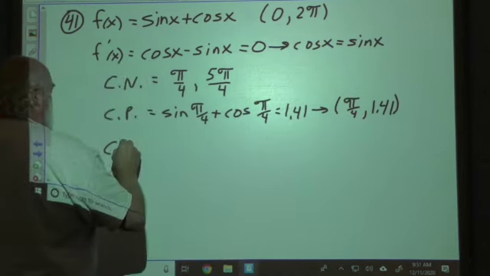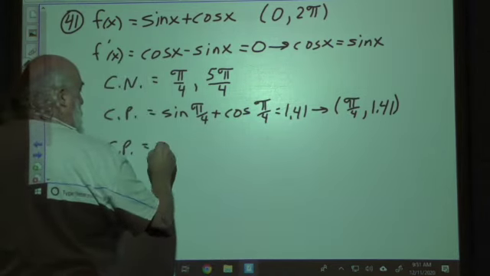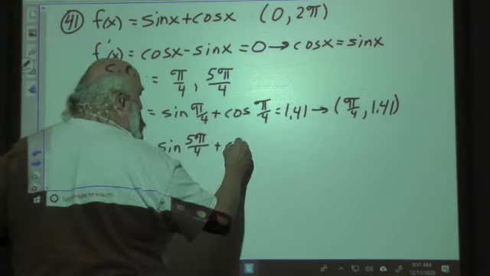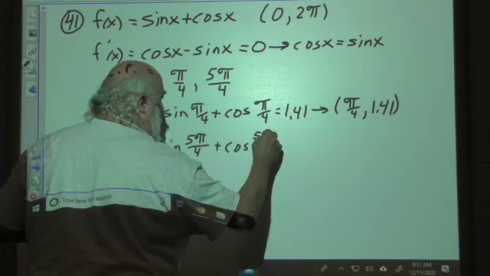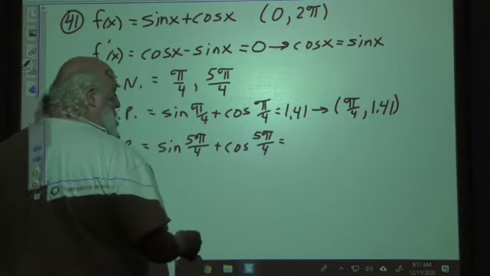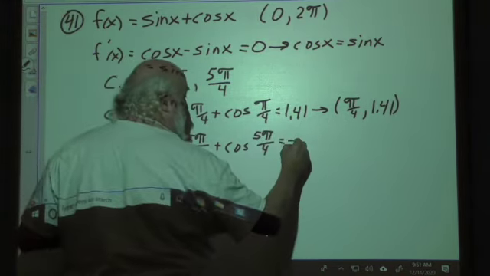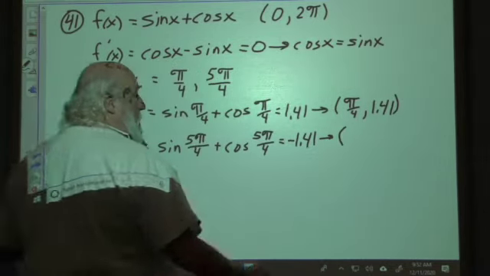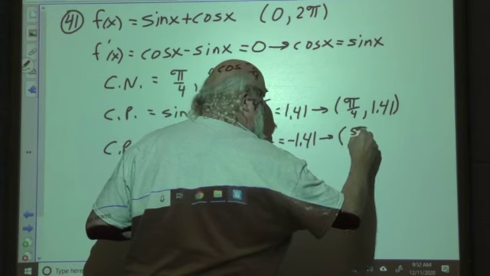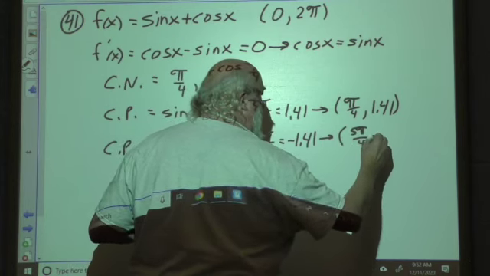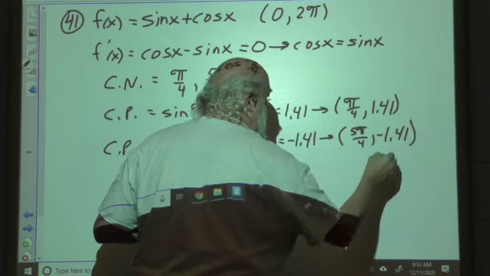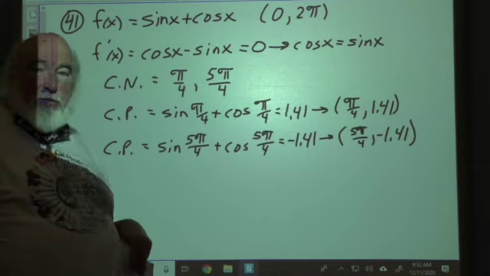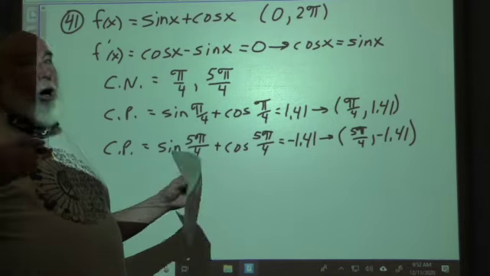Do it again for 5 pi over 4: sine of 5 pi over 4 plus the cosine of 5 pi over 4 equals negative 1.41. So the critical point here is 5 pi over 4 for x, and y is negative 1.41. And again, these are maybe a relative minimum or maximum, depending on what's going on with the intervals. What intervals, you say? Let me show you.